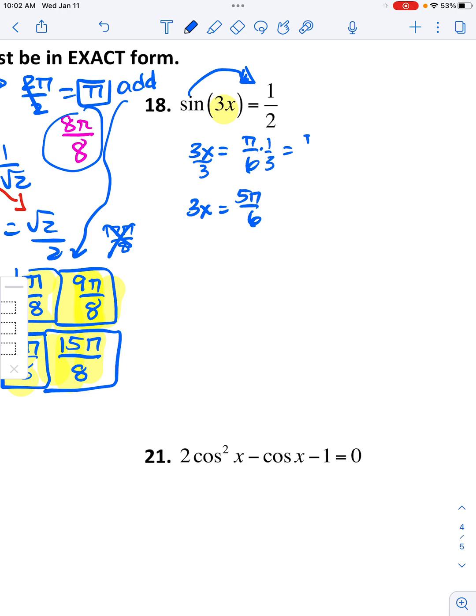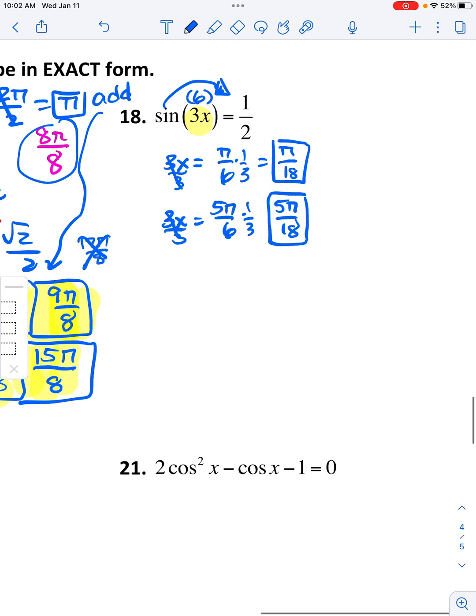So my first answer is pi 18ths. And if I divide this one by 3 to get rid of this 3, my second answer is 5 pi 18ths. So my answers to this problem, and I'm expecting 6 of them because it's double what I see, I'm expecting that each of these is going to give me 2 more answers, so 3 total.